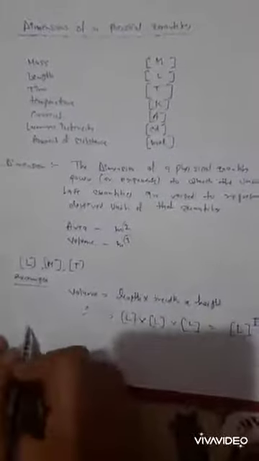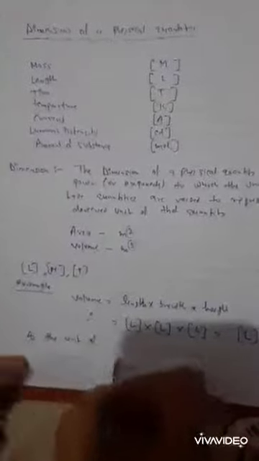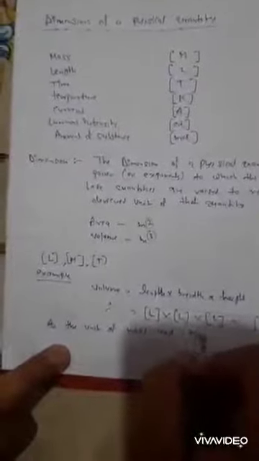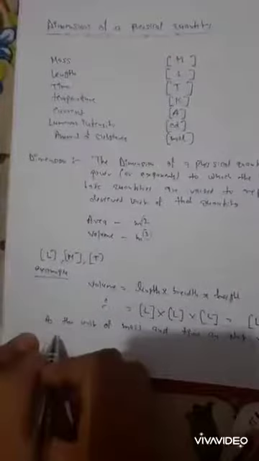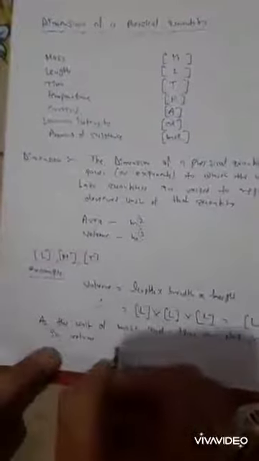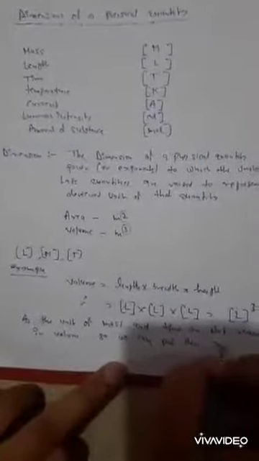So as the unit of mass and time are not required in volume, so we can put their dimension 0.